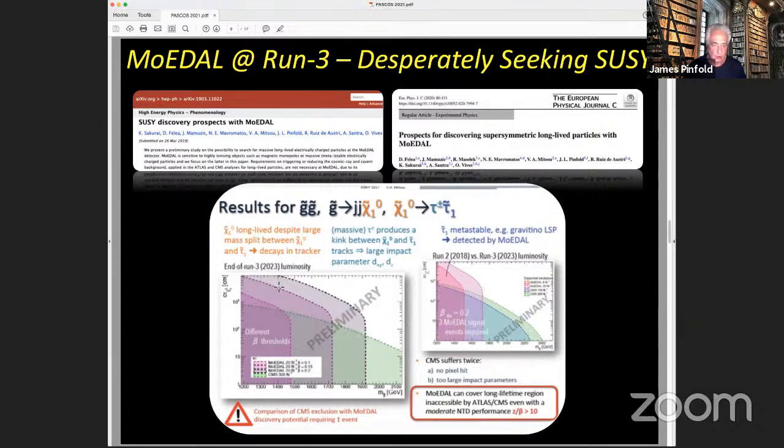And you can see that we can help to push the results to higher c taus for the neutralino, and so add to the search for supersymmetry at the LHC using a completely different detector with completely different systematics and pushing the limits in a new way on the exclusion plot.